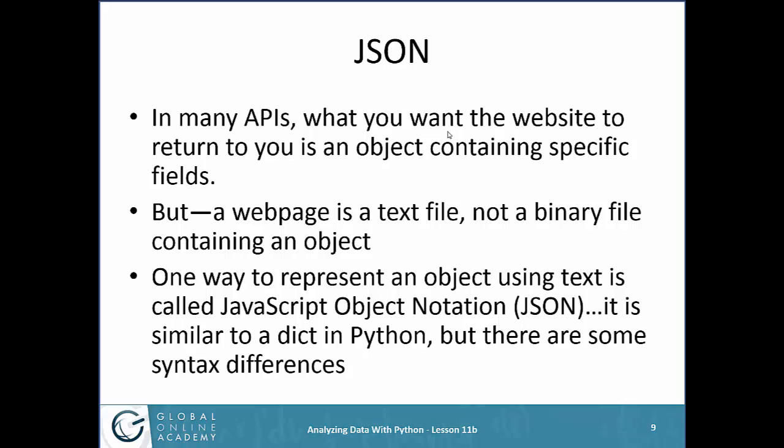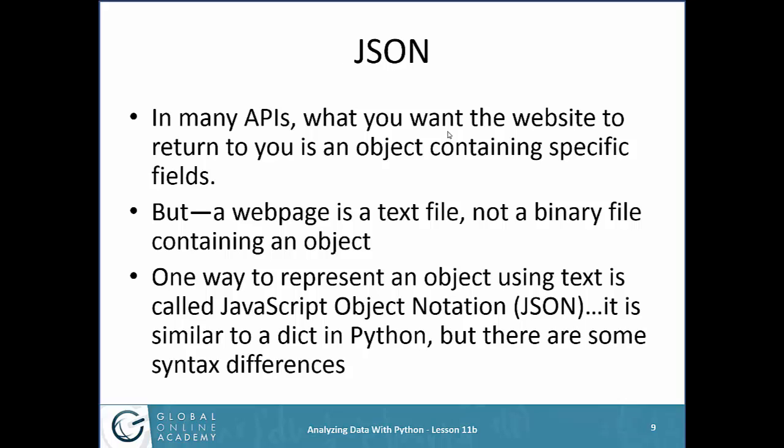So we've got to somehow take that object that we might have stored as a binary pickle if we knew we were just using Python. We've got to store it as text and then decode it and turn it back into an object. One way to do this, and a way that's pretty standard on the web, is to use JavaScript object notation. It's really, really similar to what a dict is in Python.